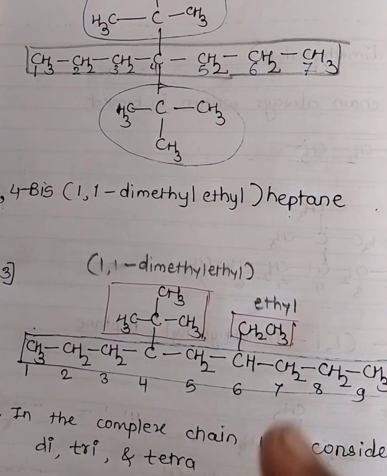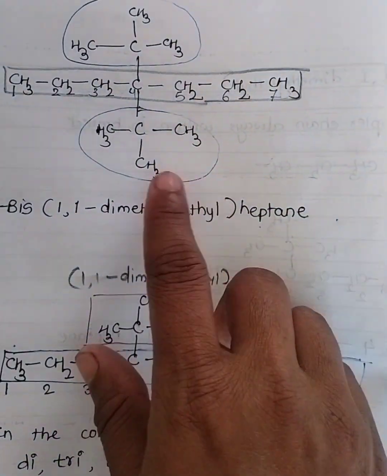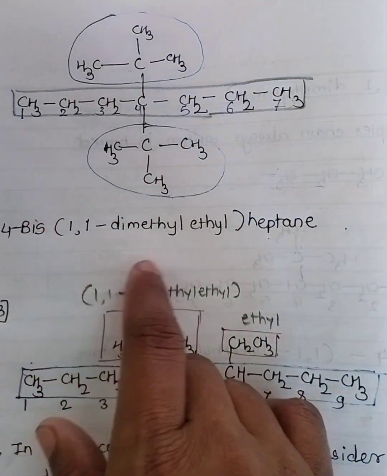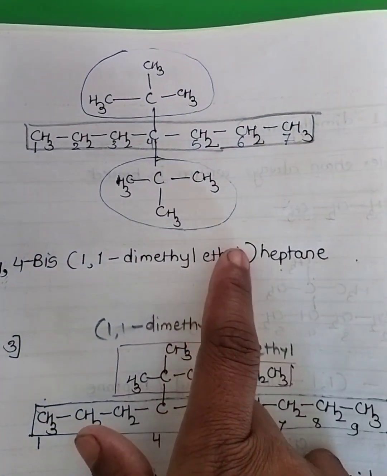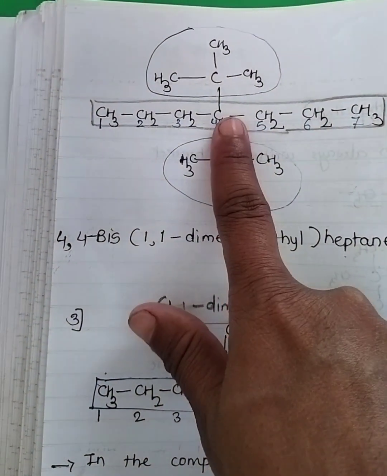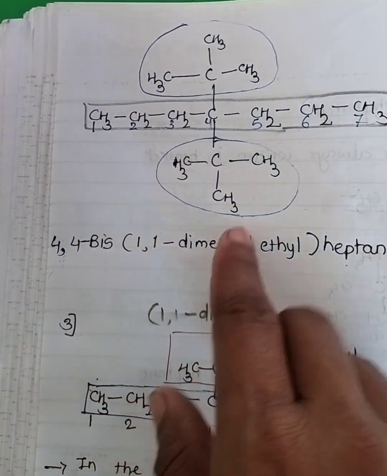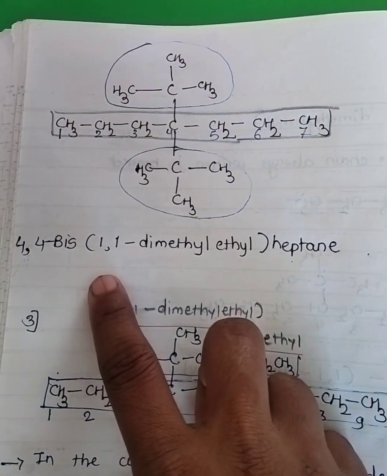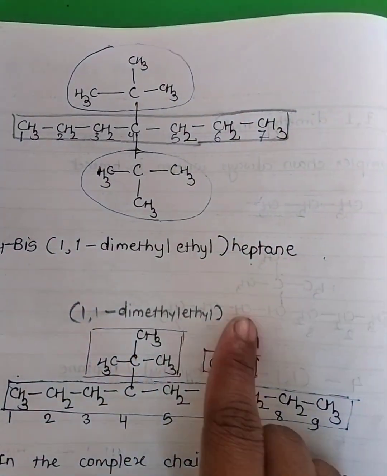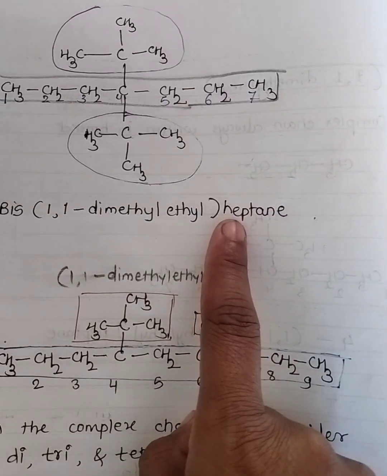In the last example we saw that the name of this complex chain is 1,1-dimethylethyl, and this name is written in brackets. At the fourth carbon 2 complex chains are present, so 4,4, and for 2 complex chains we use bis. There are 7 carbons in the parent chain, so heptane, with a single bond, so ane, and the word root is hept.